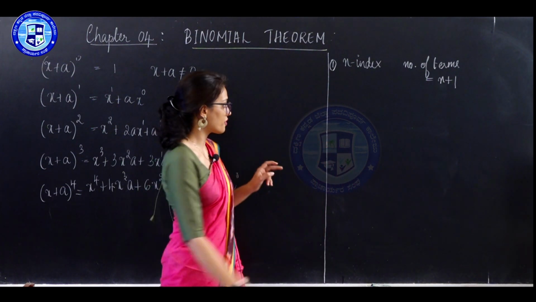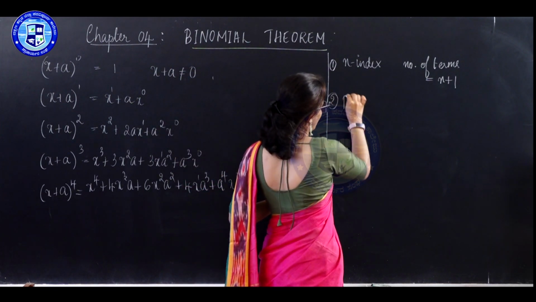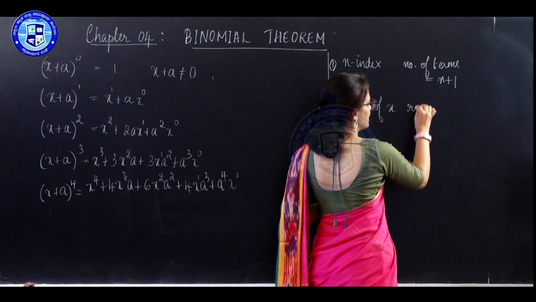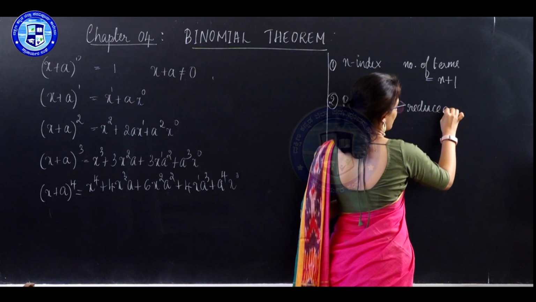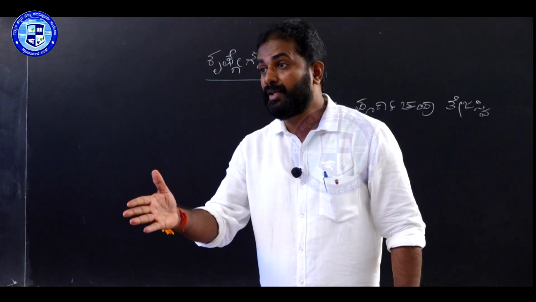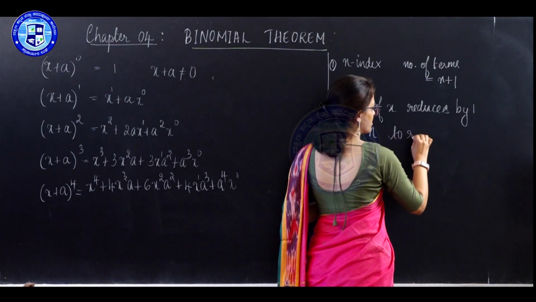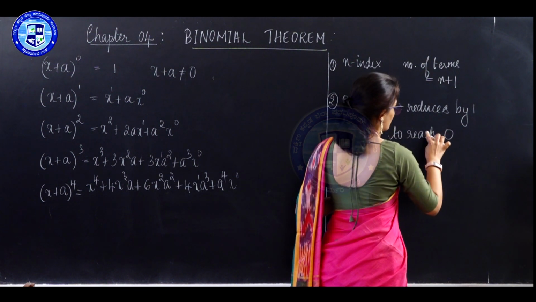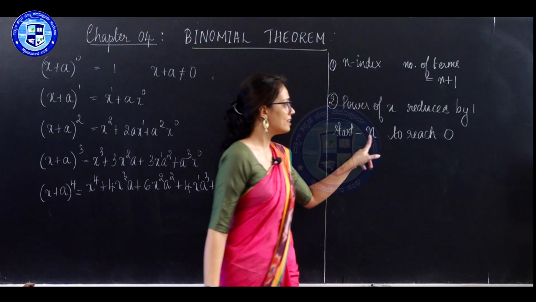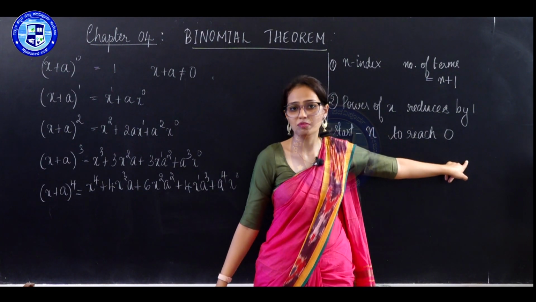So, second observation: the power of x reduces by 1 to reach 0. So we start with n and we reach the term 0.